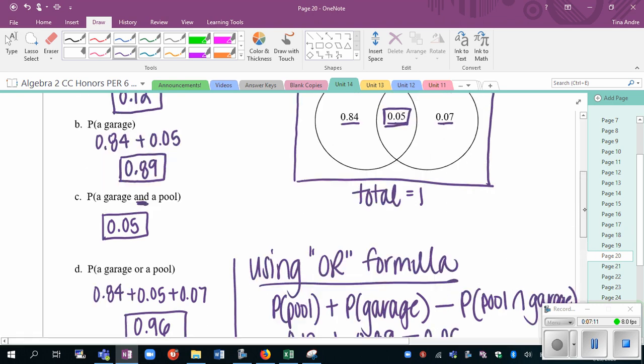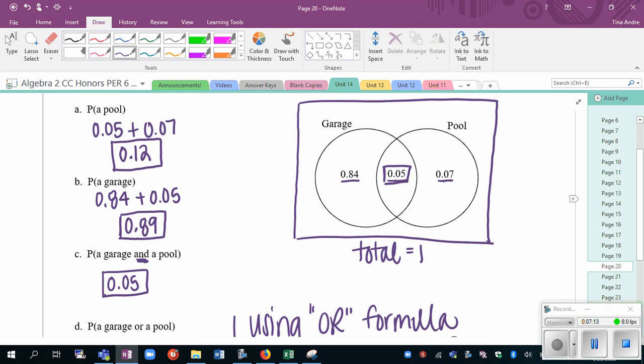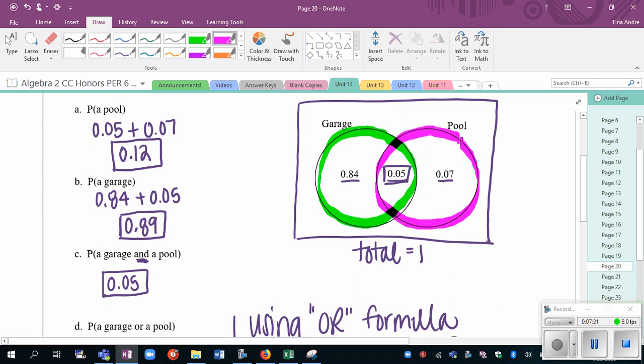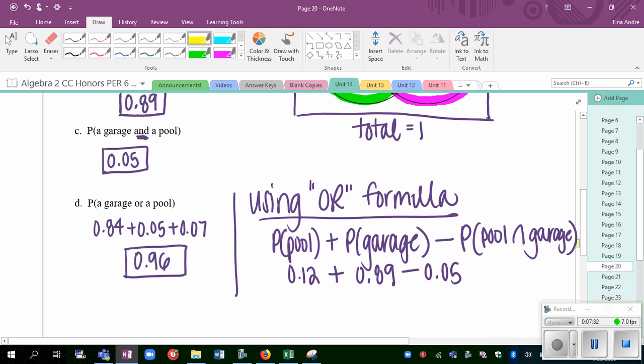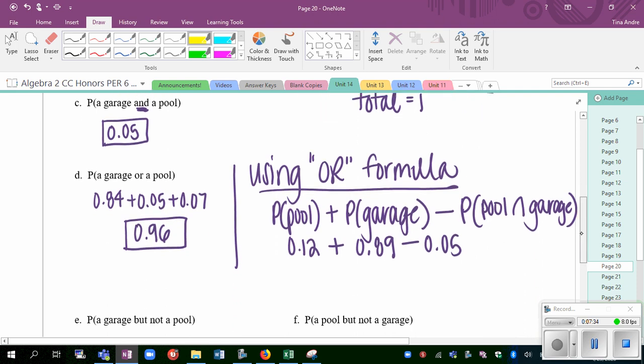In the Venn diagram, you can clearly see that everybody having a garage is this category, and everybody having the pool is this category. But we counted this section twice, so that's why we have to subtract off that 0.05. We only subtract off one of them because we still want to include one of those 0.05s.